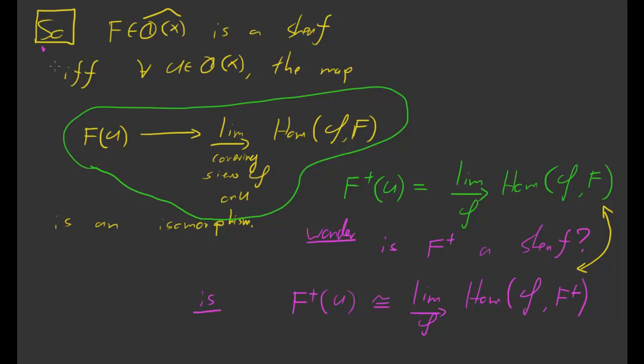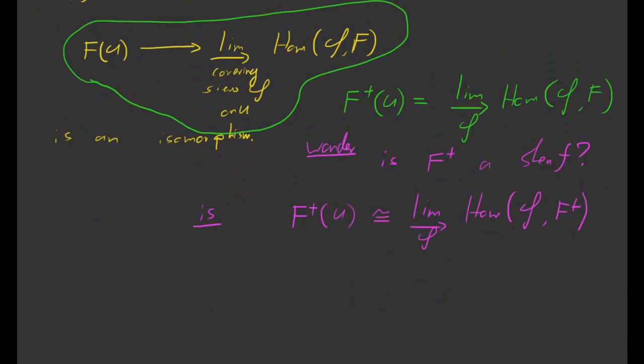But this doesn't guarantee that F plus is a sheaf, right? F plus was defined with this condition on F, but the sheaf condition is on F plus. So asking whether F plus is a sheaf is asking whether F plus satisfies this isomorphism, not this one, which it trivially satisfies. And the answer, sadly, is that not always. So sadly, this doesn't always happen.